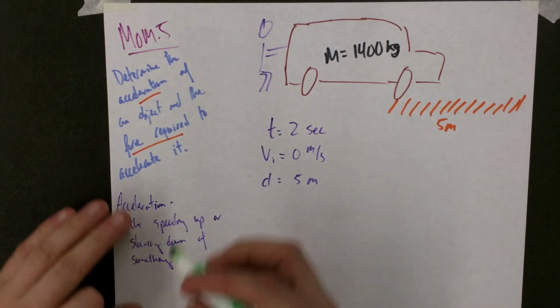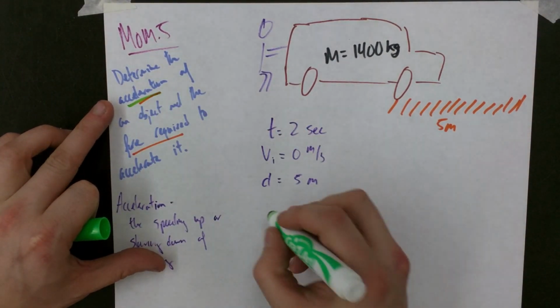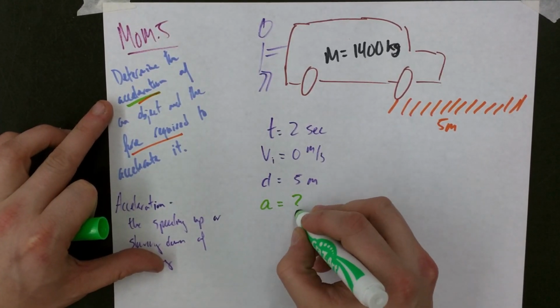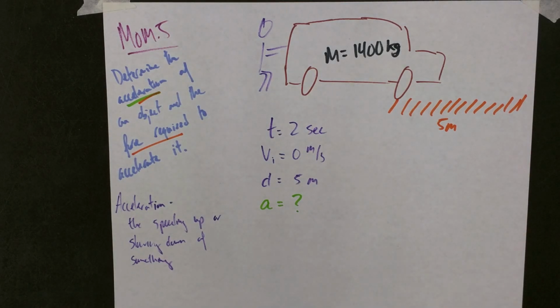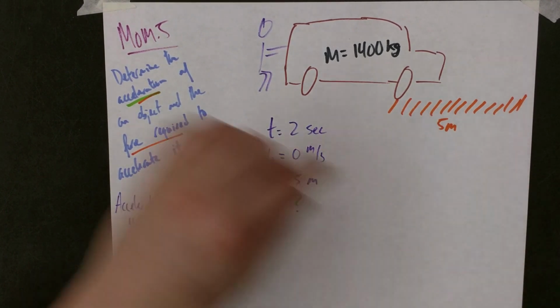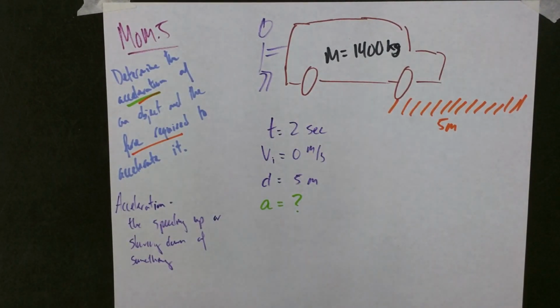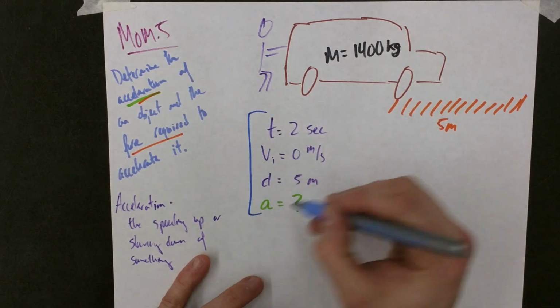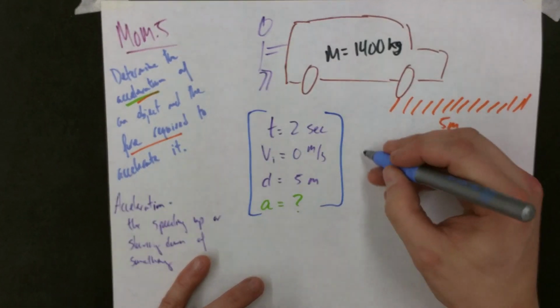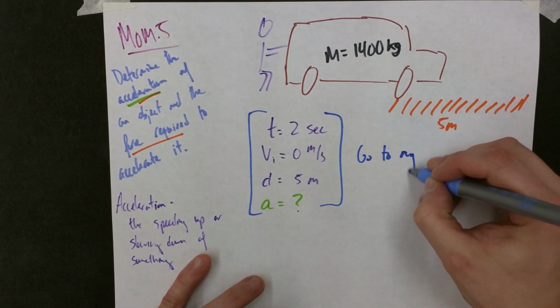And we are looking for step 1, the acceleration, A. What is that? Okay. So this is the part after I have 3 pieces of information labeled and 1 with a question mark. Now I can take these and go to my equations.